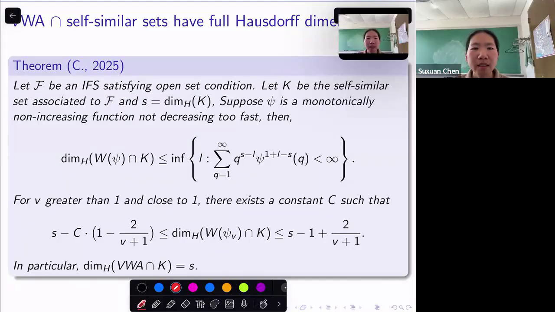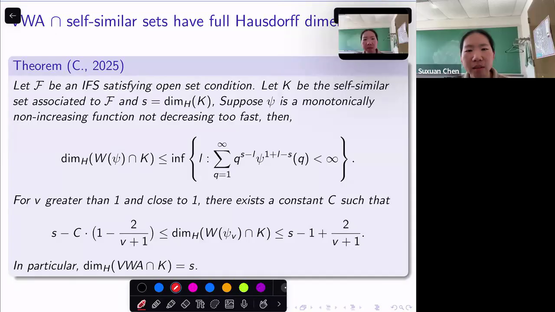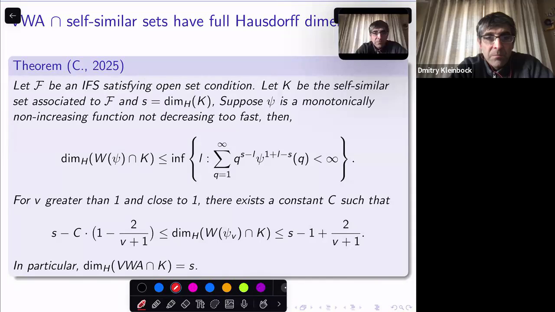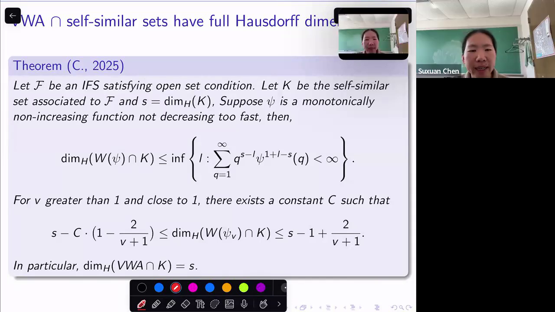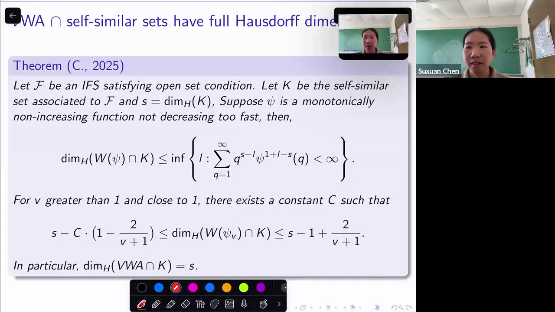Okay, let's see. So you start with K, and then you have this epsilon, which is the epsilon neighborhood of 1, and also C. So these parameters depend on K, right? This C depends on K, but the distance from V to 1 doesn't depend on K. It depends on the rate of effective equidistribution.